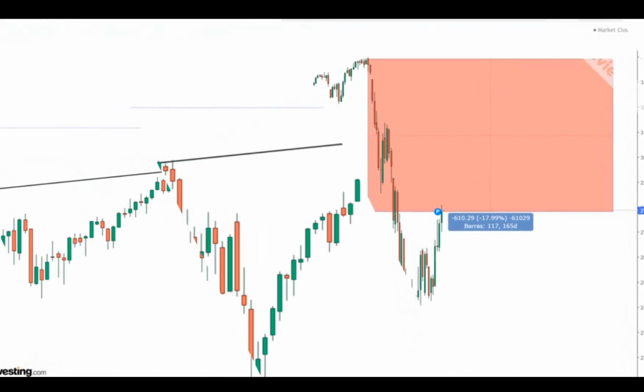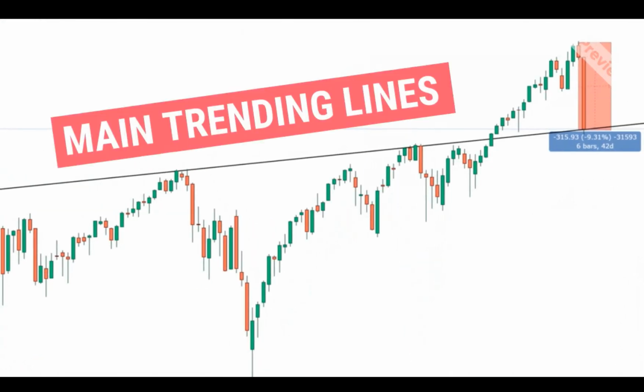Starting with the main one, we can use the main trending lines in a chart to understand when we have more probability to make money or to open a long position in the stock market. Technical analysis is a tool we can use to analyze the different charts and assets, and based on the main trending lines we can understand when a specific asset has the most opportunities to make money.